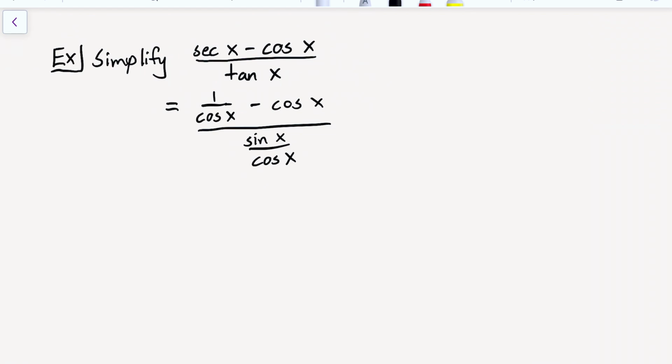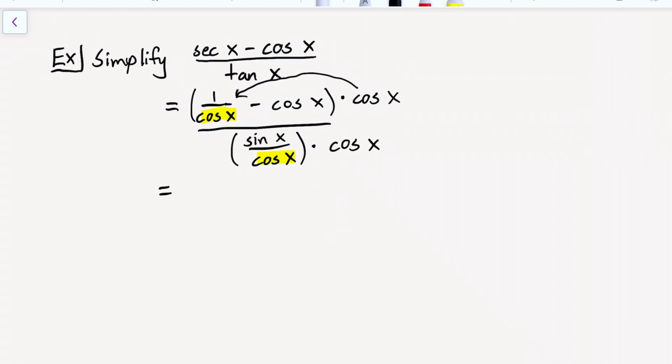One way to simplify a complex rational expression is to take the numerator and denominator of the larger fraction and multiply by an amount that will clear or divide with the denominators of the smaller fractions. Notice that both of these denominators are cosine x. So I'm going to multiply everything in the numerator and everything in the denominator here by cosine x.